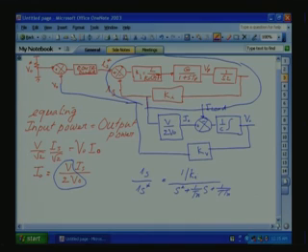And we also found out that for a damping theta equal to 0.707, T should be equal to 2 Tr.